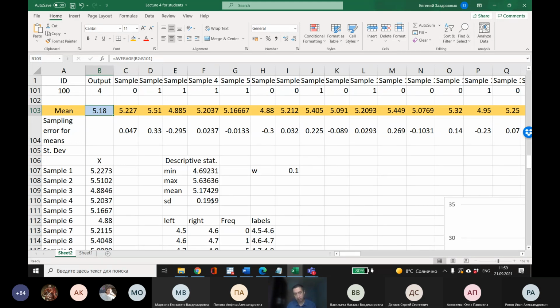But if I rely on accurate sampling, probability or non-probability sampling, I can obtain an unbiased estimator, roughly speaking.